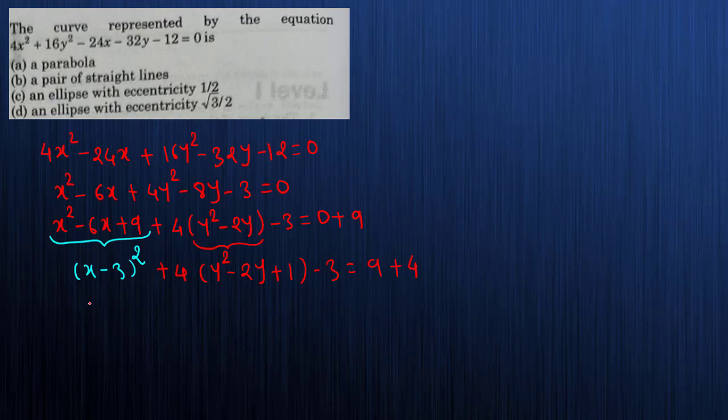So it is x minus 3 whole square plus 4 into y minus 1 whole square. Minus 3 को अभी उधर ले के जाओ. So you will be having 9 plus 3 is 12, 12 plus 4 is 16.